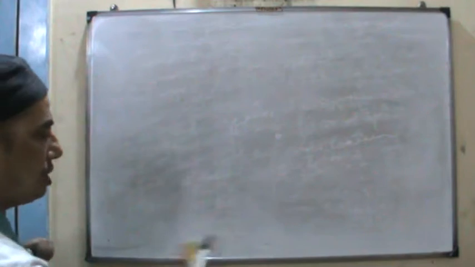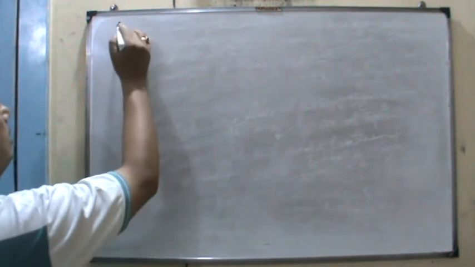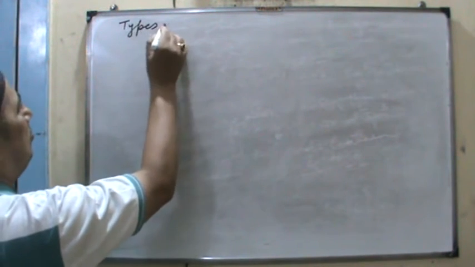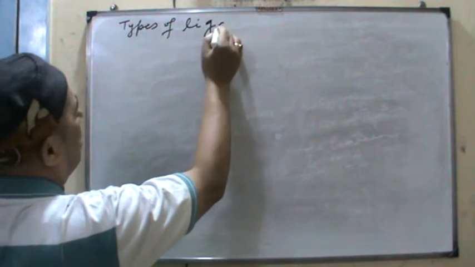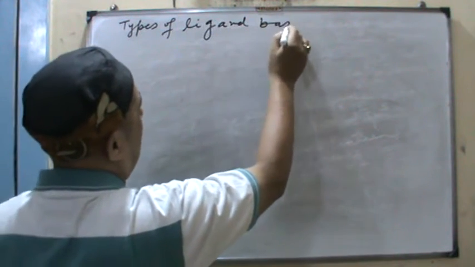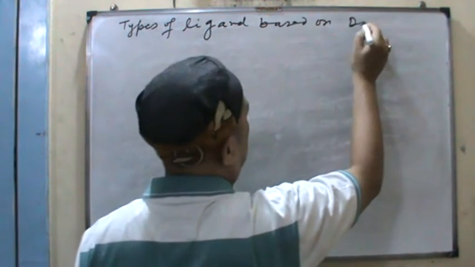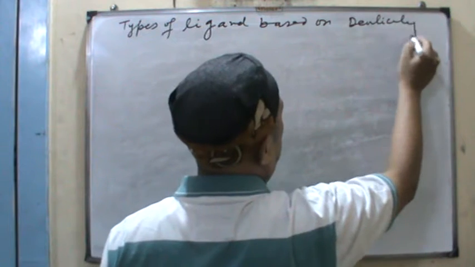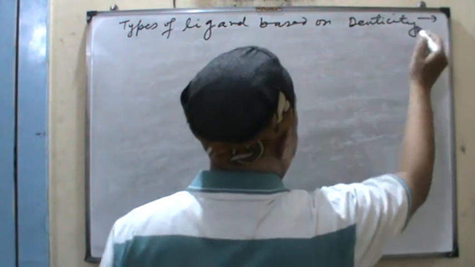Then you can see types of ligands based on denticity. Donation capacity based on denticity.